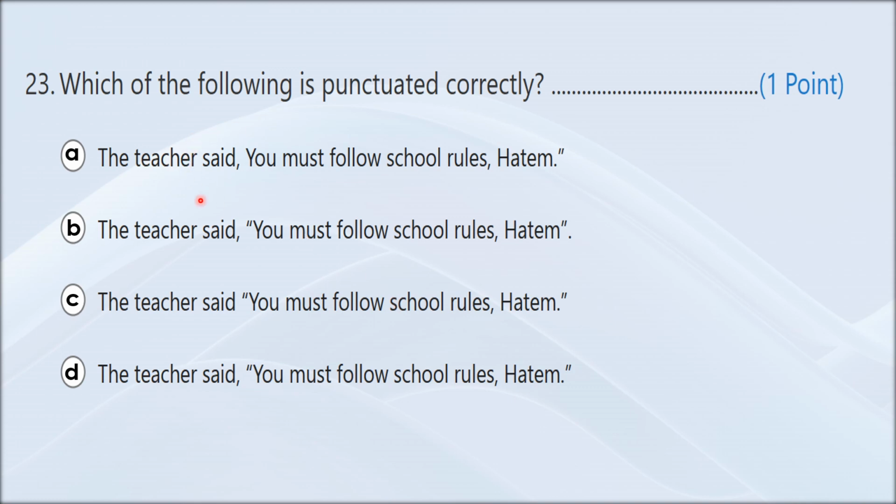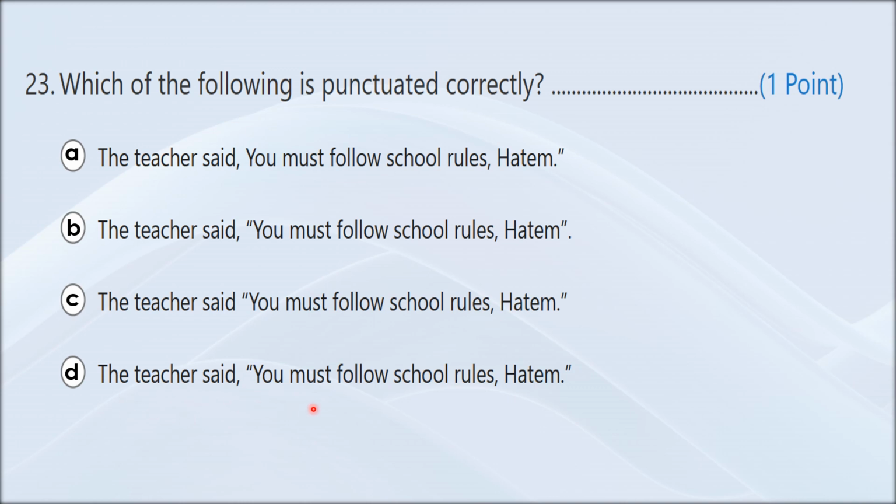To solve this question you should be aware of the punctuation marks, especially for direct speech. The teacher said, "You must follow school rules, Hatem." Look at everything, the full stop, the inverted commas, okay, the comma, everything.